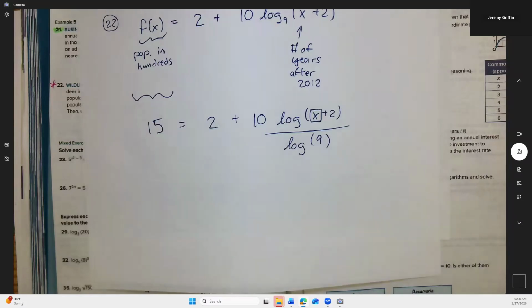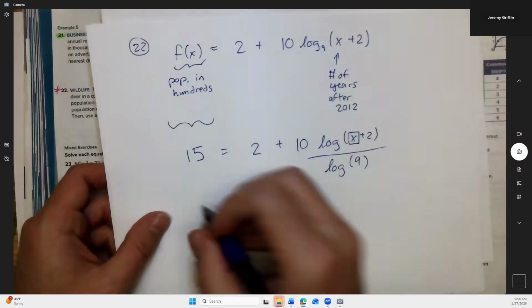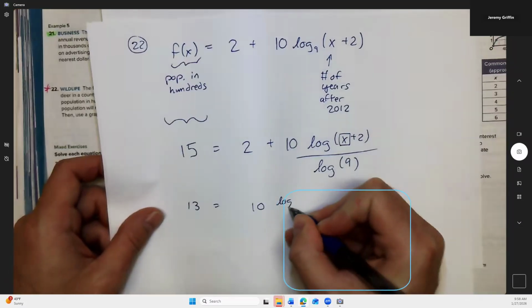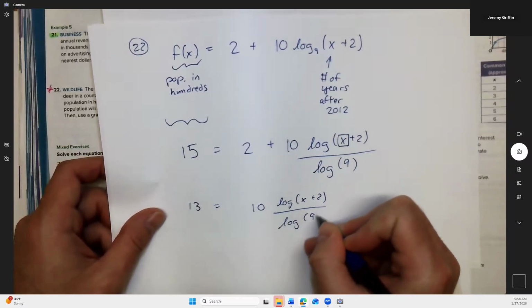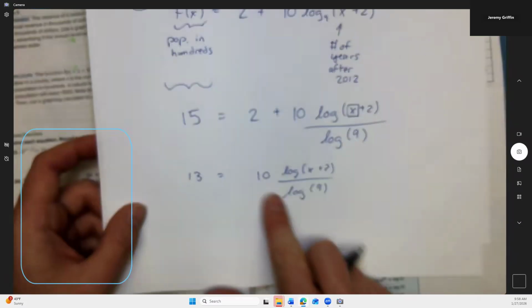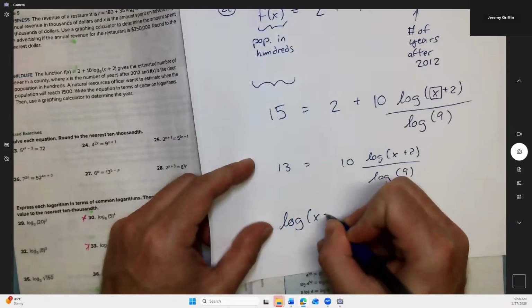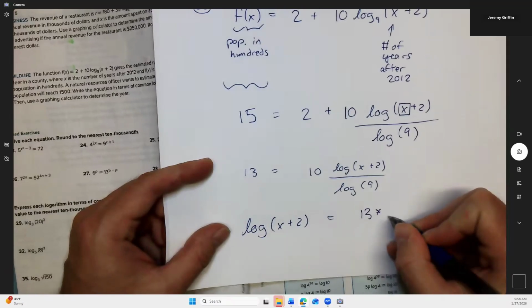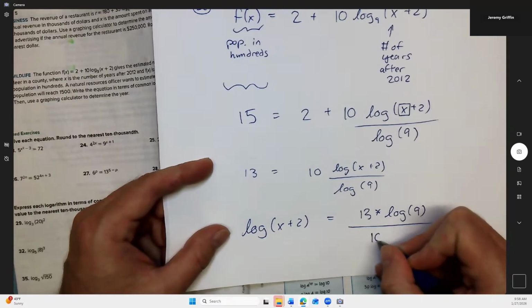All right. Did everybody subtract 2? To say 13 equals 10 log x plus 2 over log 9. Did everybody divide by 10 and times log 9? So log of x plus 2 equals 13 times log 9 divided by 10.